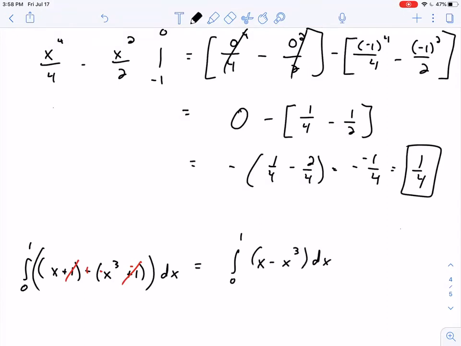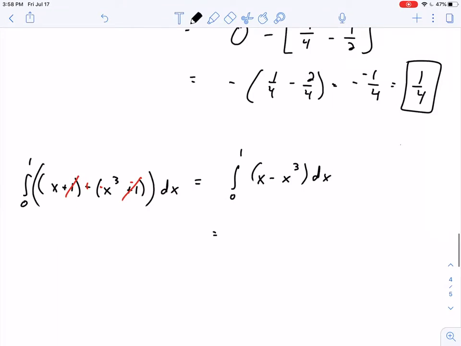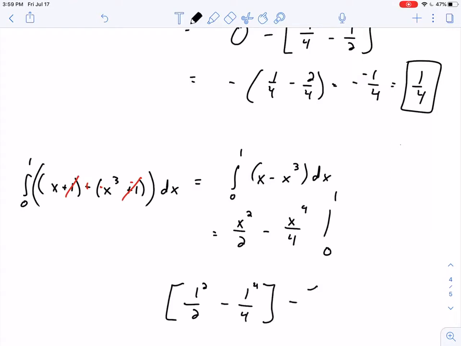This should look pretty familiar. So I have x squared over 2 minus x to the 4th over 4, and I'd like to evaluate that at 1 and 0. So let's see, I've got 1 squared over 2 minus 1 to the 4th over 4 minus 0 squared over 2 minus 0 to the 4th over 4.